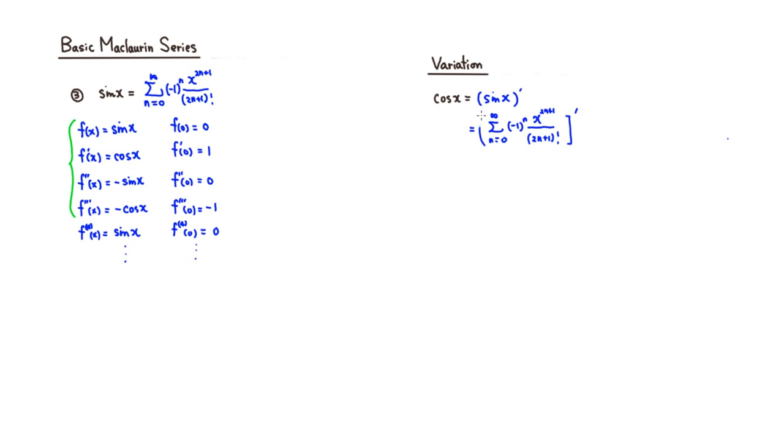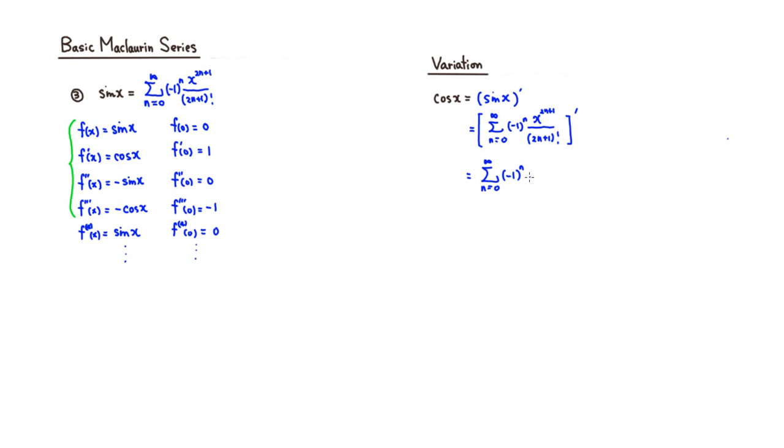I'm going to change that to a square bracket there. One of the benefits of power series is that since each term is a power function, you can just use the power rule to take the derivative term by term. So you have the same summation there. Negative 1 to the nth power is just a number, a constant multiple, so it doesn't change.